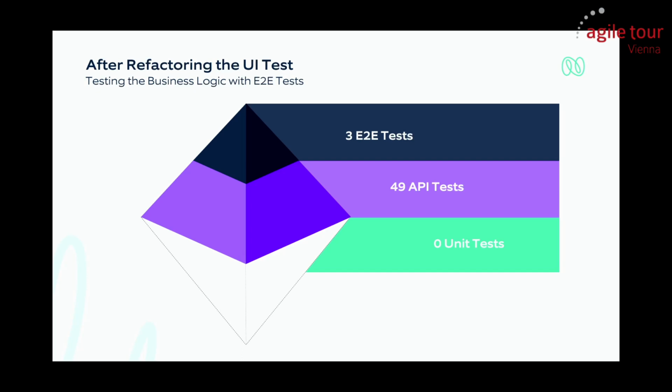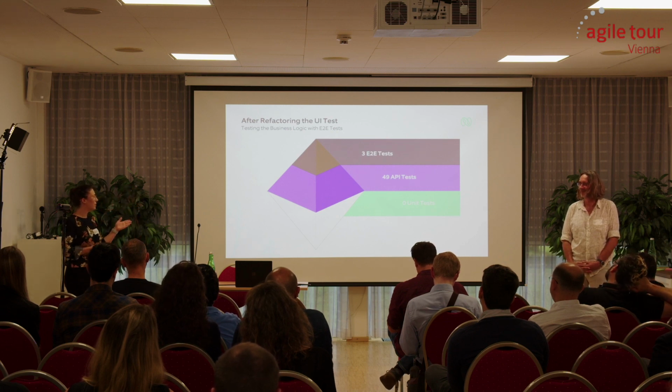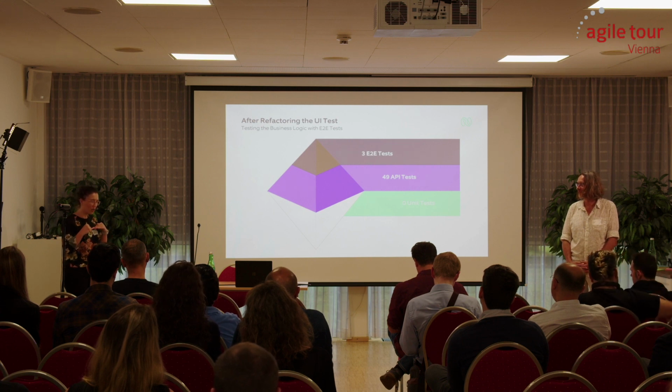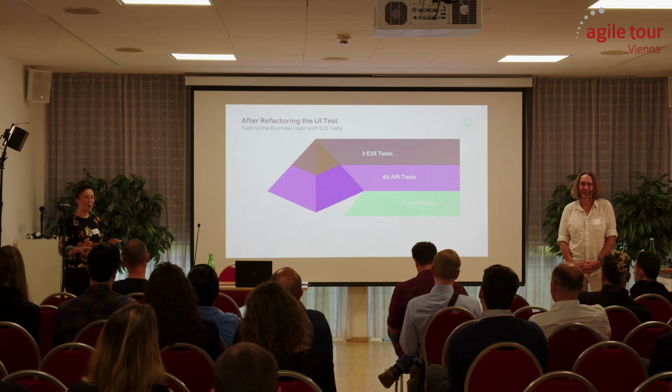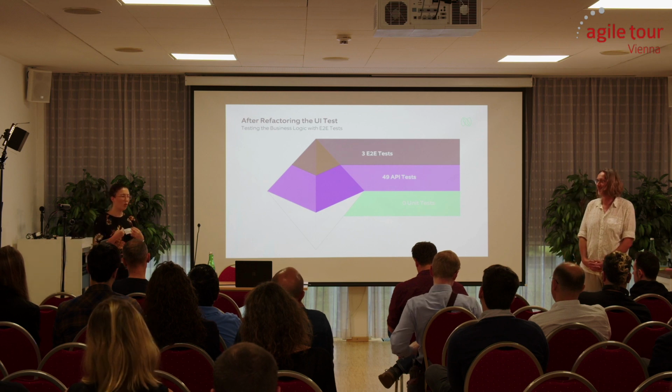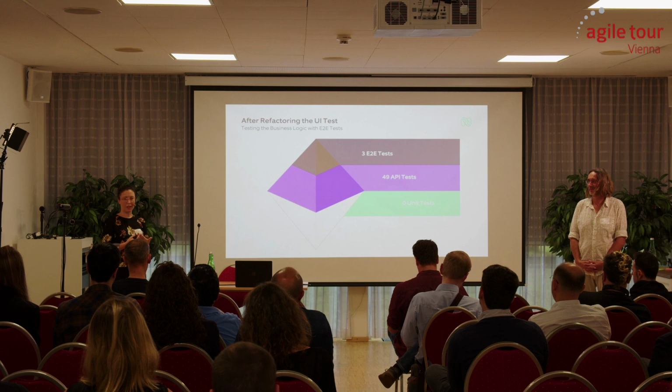But as you can imagine, because our talk is also called We Are Refactoring to the Pyramid, we didn't leave it in the diamond level. Now we went to the lowest level, our unit test level. Because again, if you think about it, why do we test all of our 49 tests through our API?